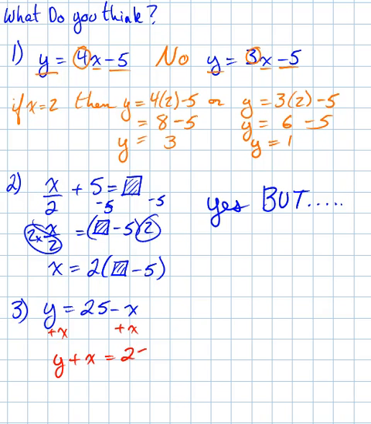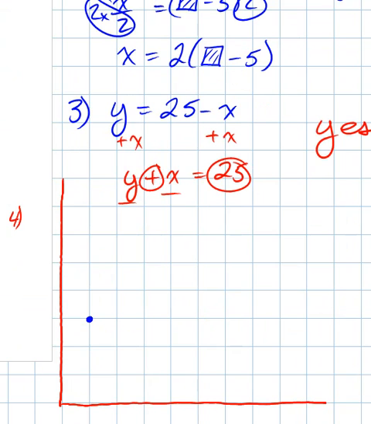So in fact, we can use it to describe the addition of two numbers, where the sum of these two numbers is equal to 25. So can it be used? Yes.